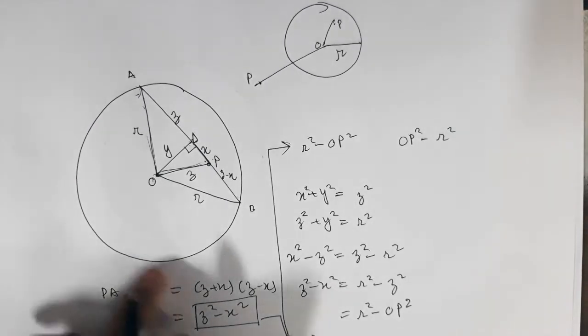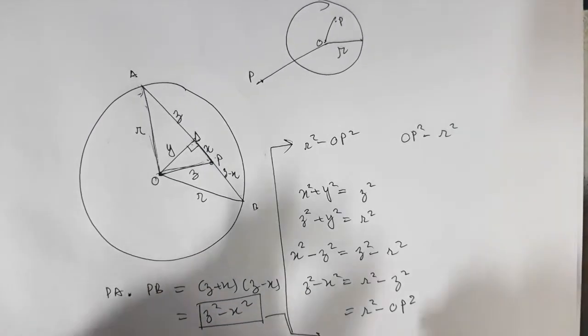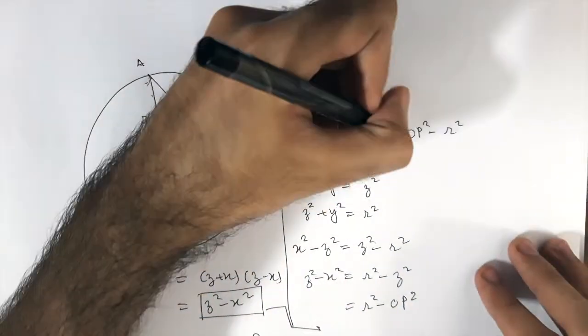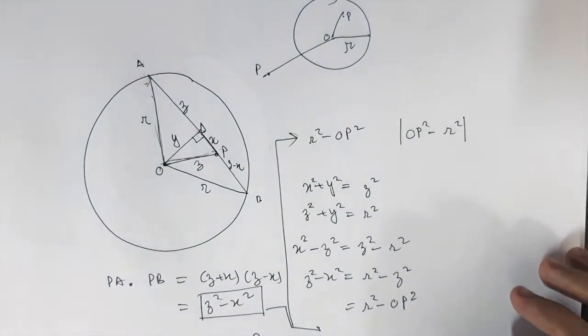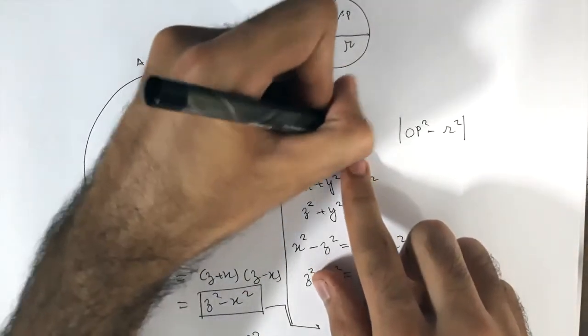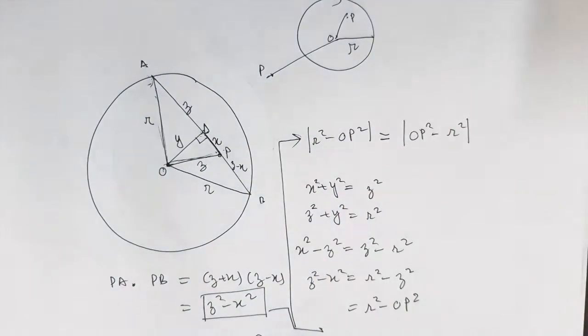So what we've got is PA into PB. In magnitude, it is always equal to OP square minus R square, which we've just proven since the magnitude of these two things are equal.